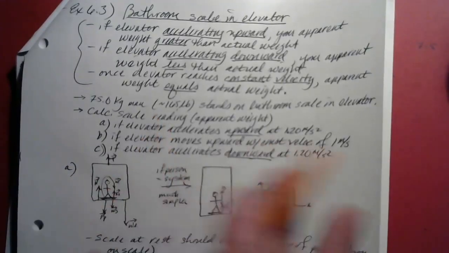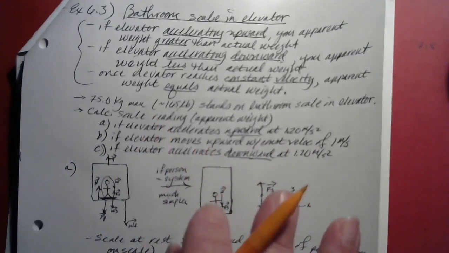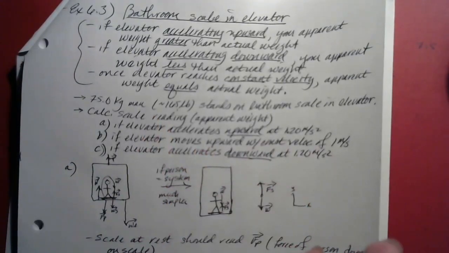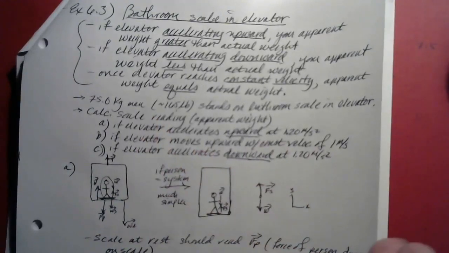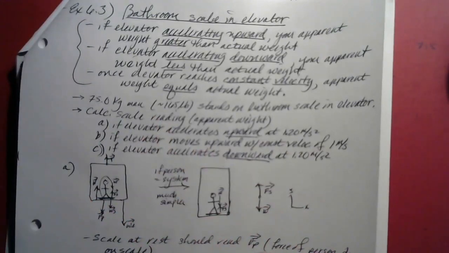If you were standing on a scale and the elevator accelerated downward, you feel like you're lighter for a moment. And in fact, the scale would agree. The number on the scale would actually drop. But once the elevator reaches a constant speed, everything comes back into equilibrium and you feel like your normal weight again. And in fact, the scale would agree with that also.